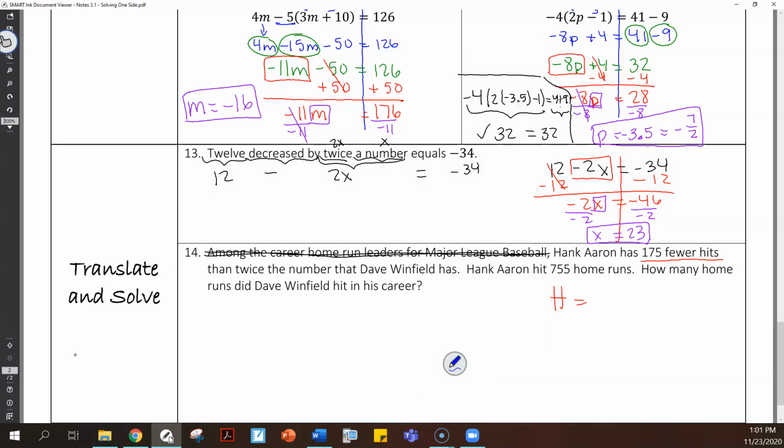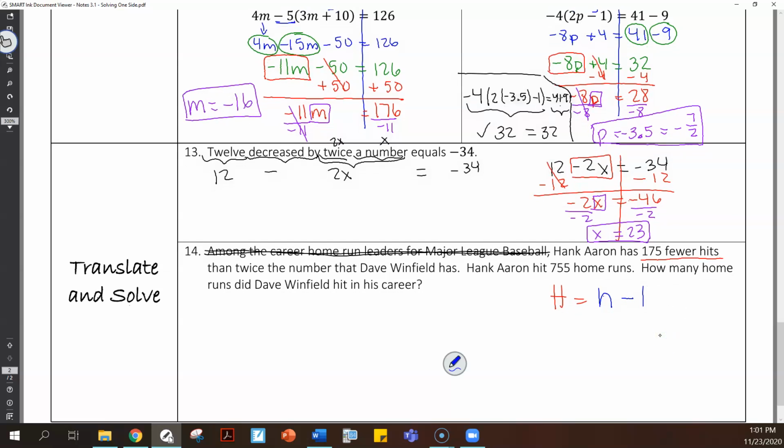So fewer means I'm going to take the number of hits and I'm going to subtract 175. 175 fewer hits than twice the number that Dave had. So 175 fewer than twice of what Dave has.